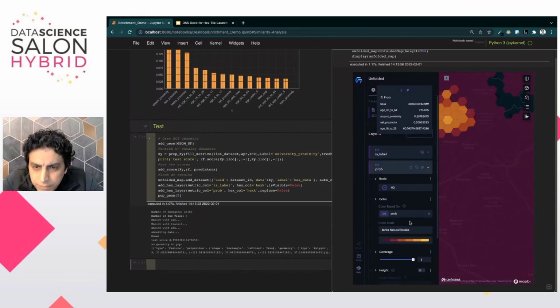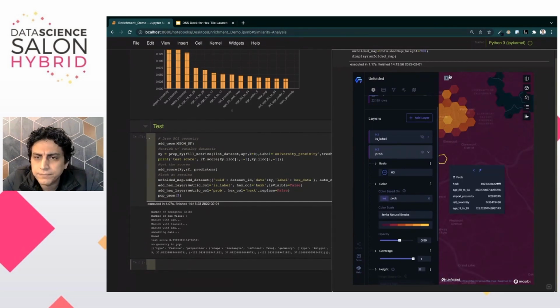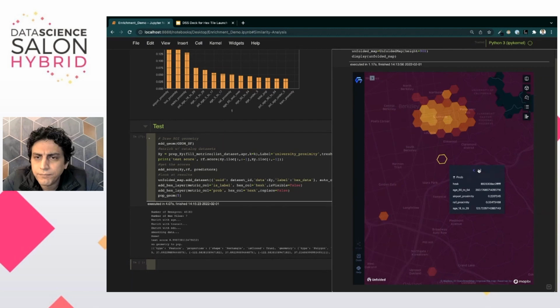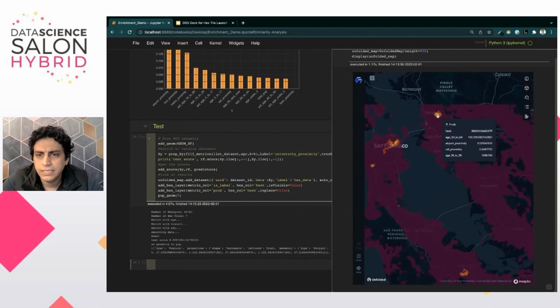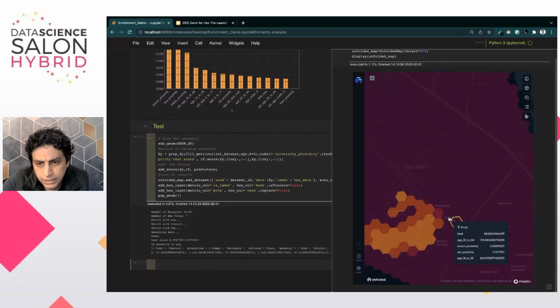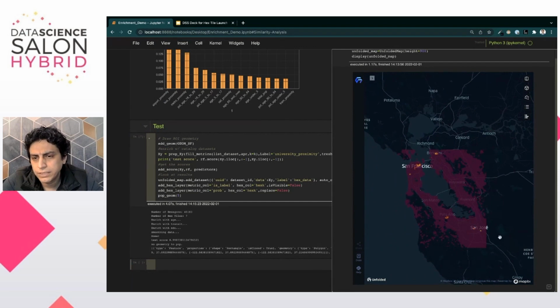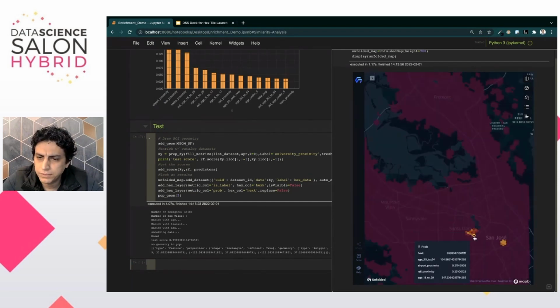To make it a little bit more visible, I'm going to reduce the opacity so you can see clearly what is happening here. So you can see this is UC Berkeley. This is Stanford. If I zoom in, a couple of other universities like San Jose State University, and I think this might be Santa Clara.